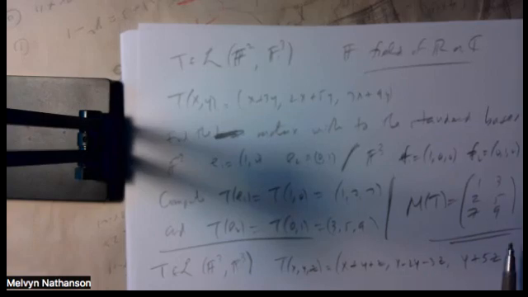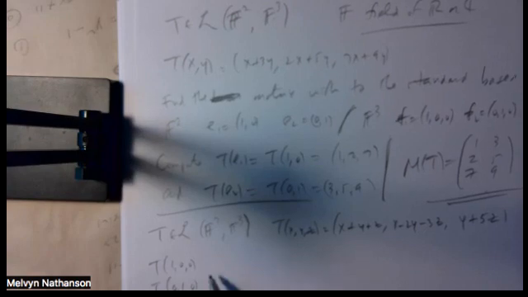So this is a linear map. And how do we calculate its matrix? It's from a three-dimensional space to a three-dimensional space, so it's going to be a 3 by 3 matrix. We have to compute T of 1, 0, 0, T of 0, 1, 0, and T of 0, 0, 1.